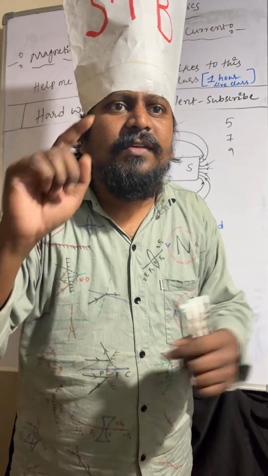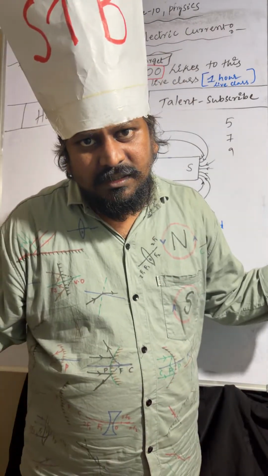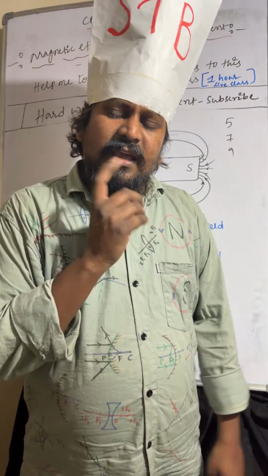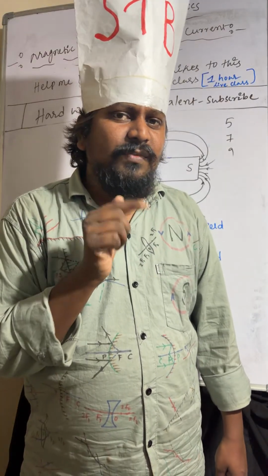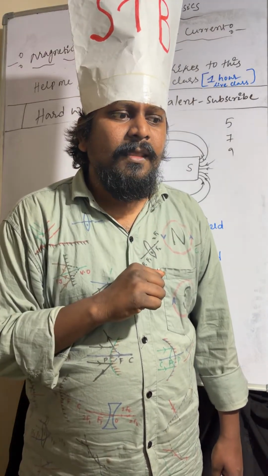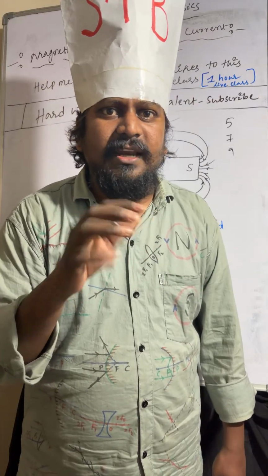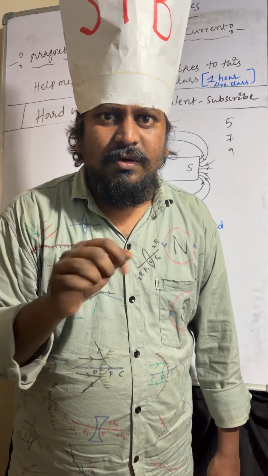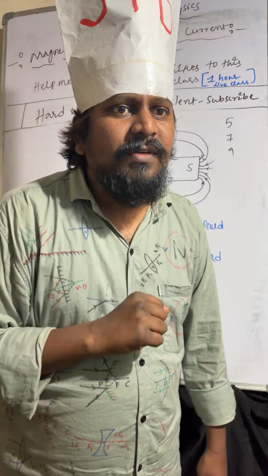Yes or no? So if these field lines intersect, the compass will not show two directions at a time. Okay, agree. But I want one thing.